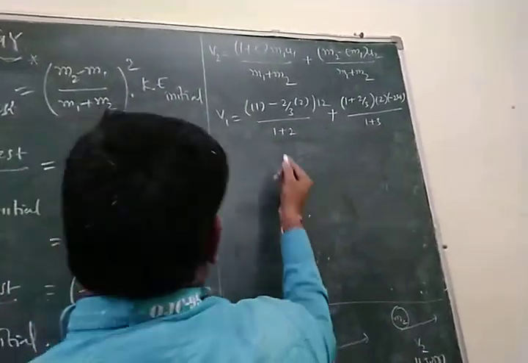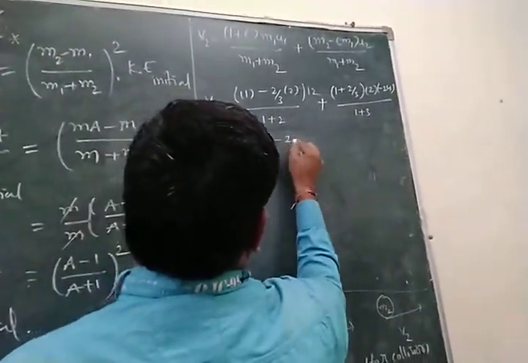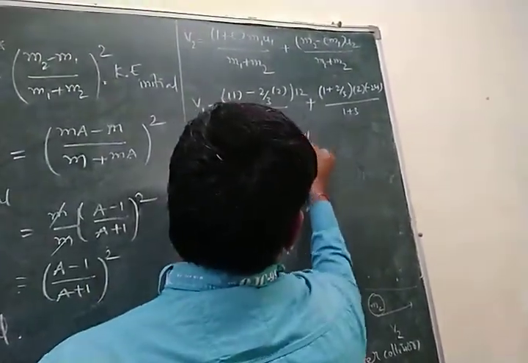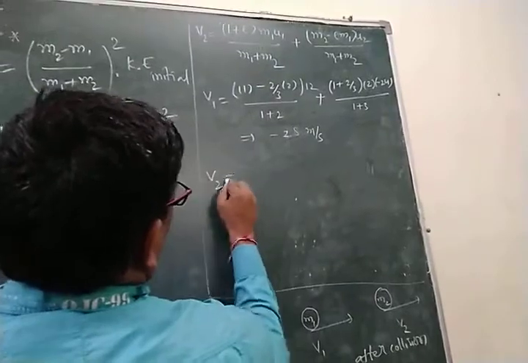Now we are getting the answer, minus 28 meter per second. Then find v2.